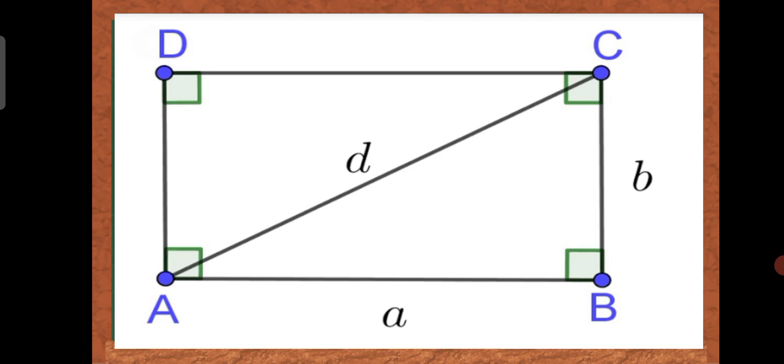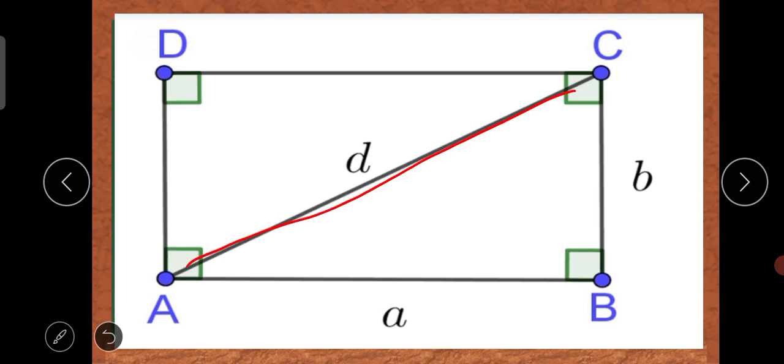So here is a rectangle, where the name is given ABCD, and this AC is a diagonal, which cuts this rectangle into two equal triangles. So this is one triangle and this one is another triangle formed here.